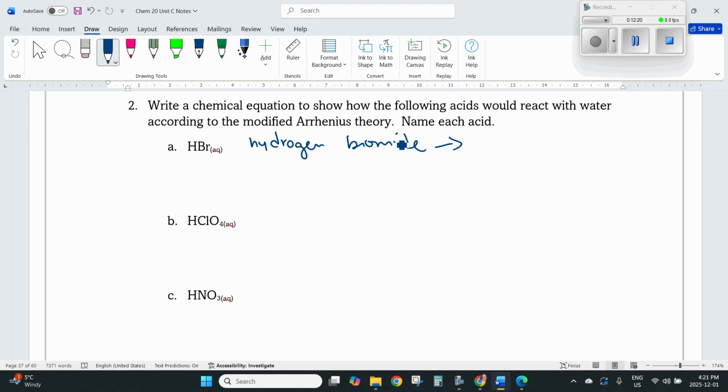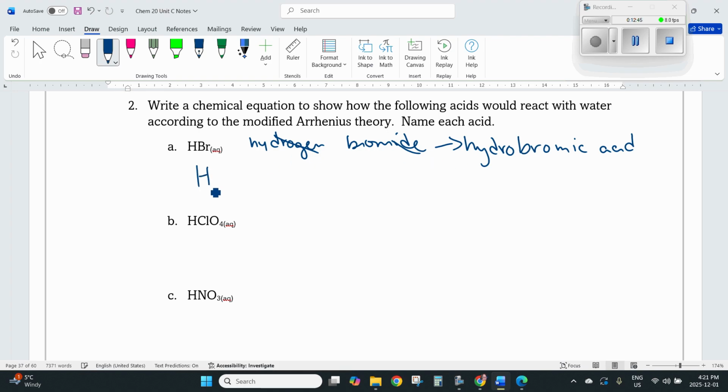"Ide" changes to "ic acid," and the hydrogen becomes hydro. So I'm going to put hydro, and then I keep the brom. So hydrobromic acid. HBr is hydrobromic acid.